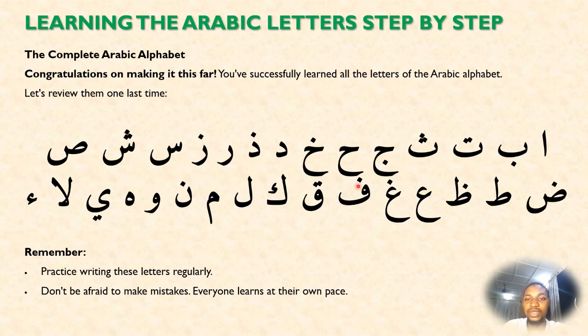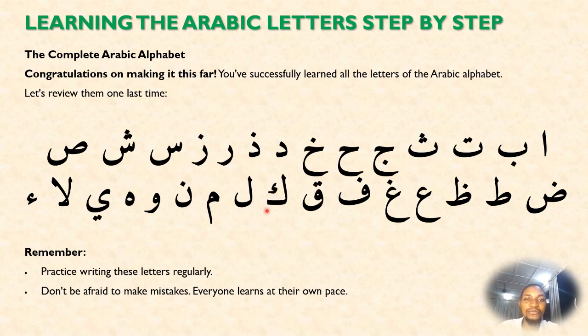We have fa. Fa has this head, which is like a circle, or just rounded. Then we have the tail, which is quite long. Just remember, fa, the tail is far from the head. Then we have one dot above it. We have qaf, the same shape as fa, although more closely written, with two dots above it.